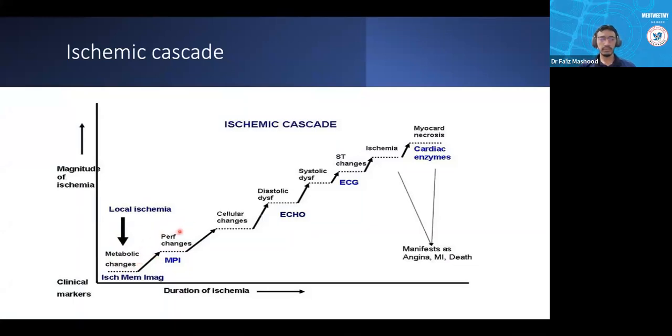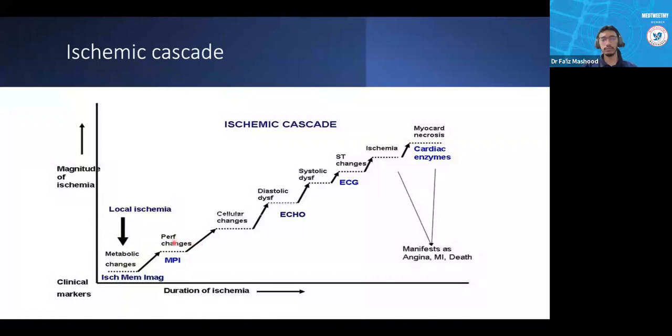Perfusion changes can only be detected by our MPI, meaning myocardial perfusion imaging, which is either our cardiac MRI or our nuclear perfusion scan. So cardiac MRI and nuclear perfusion detect ischemia at this very early stage, all right? So that's why their specificity is considerably quite high.